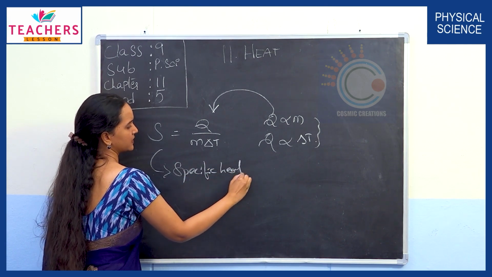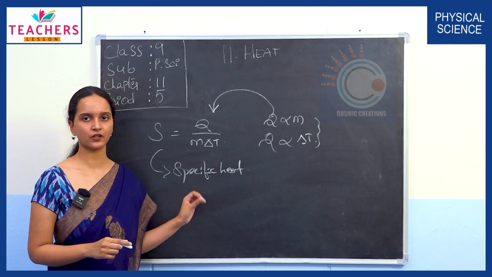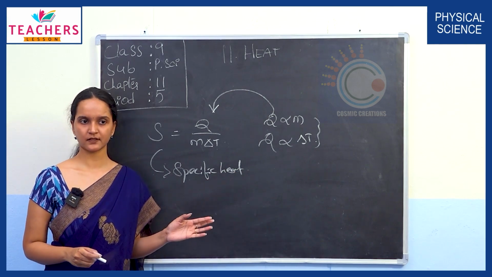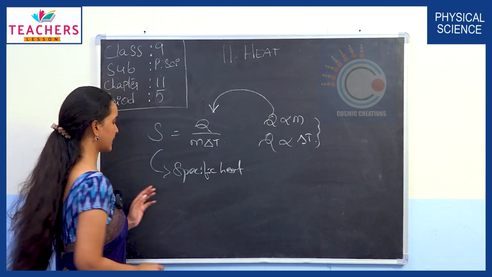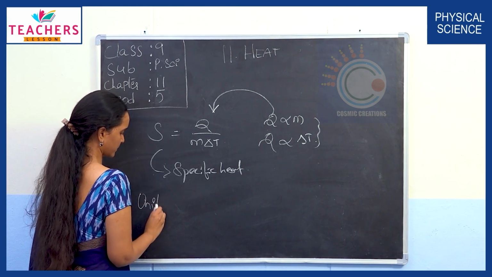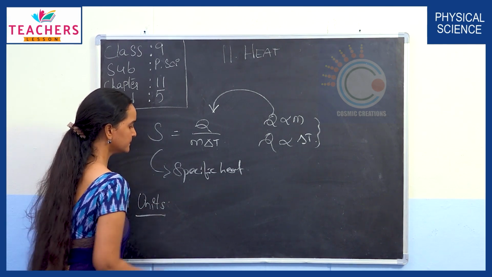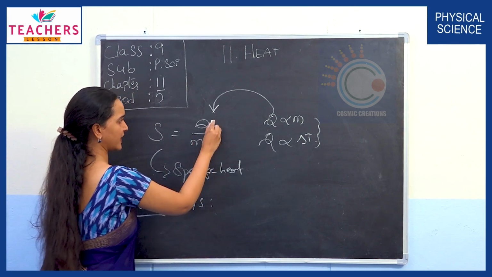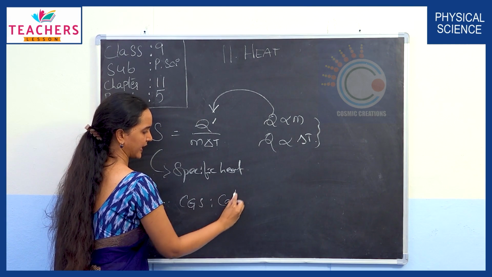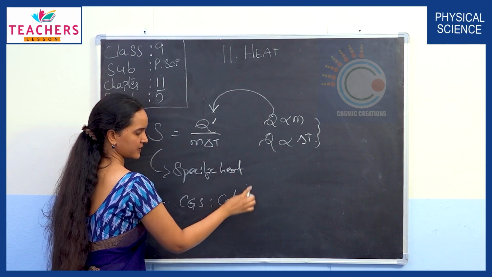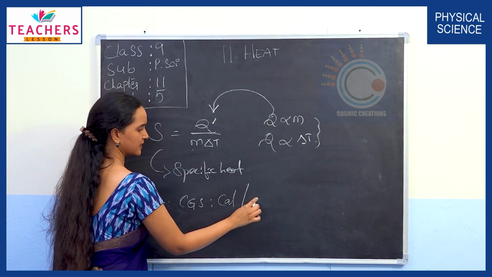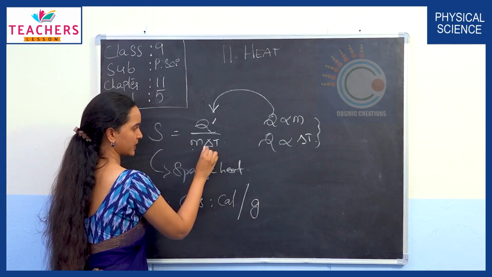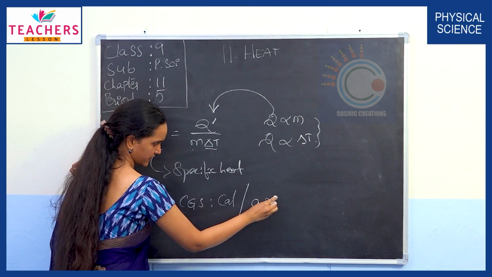And we have learned that specific heat depends on the nature of the substance. Correct? And we have learned about the units of specific heat. The CGS units of the specific heat: we have heat first, so that would be calorie divided by mass in grams, temperature in degrees Celsius.